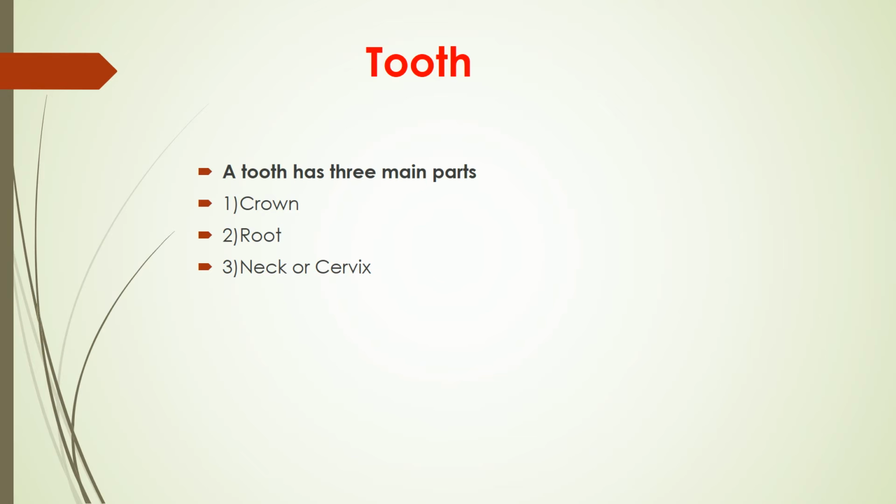That substance is called the enamel. This part projects beyond the gums. And second, the root, which is embedded in a cavity, the alveolus or socket, inside the gum and jawbone. The neck is the part of the tooth between crown and root.